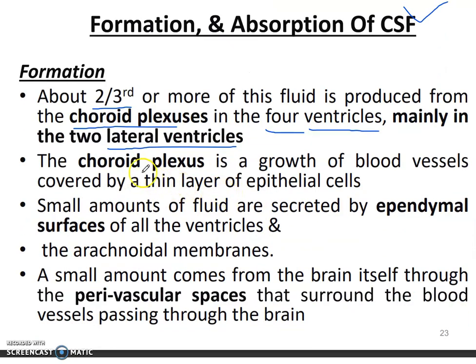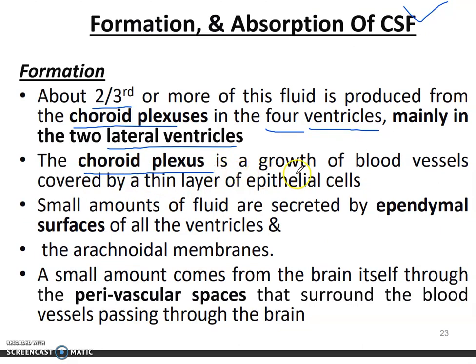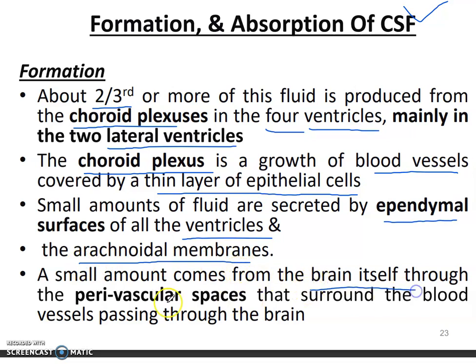The choroid plexus is a growth of blood vessels covered by a thin layer of epithelial cells, and a small amount of fluid is secreted by the ependymal surface of the ventricles and the arachnoidal membranes. A small amount also comes from the brain itself through perivascular spaces that surround the blood vessels passing through the brain.